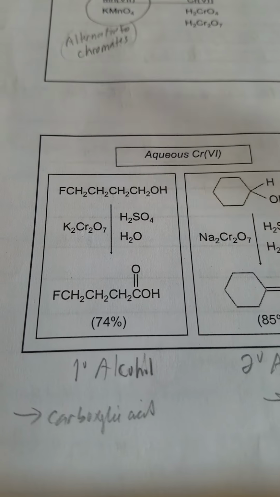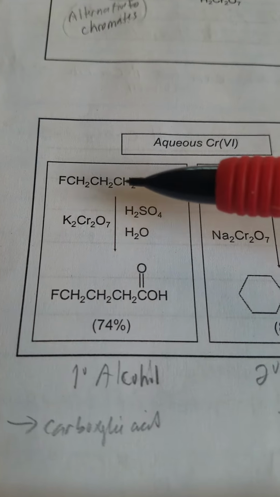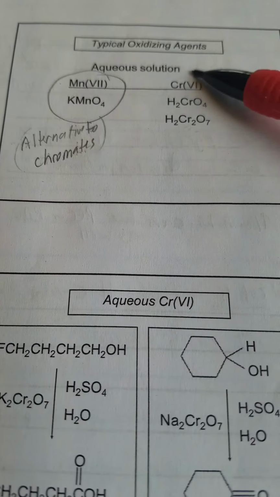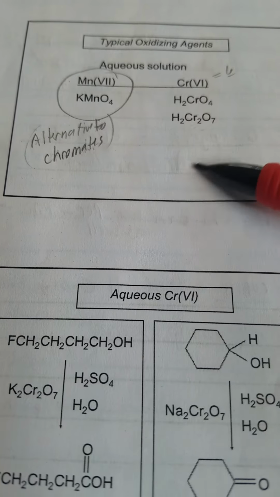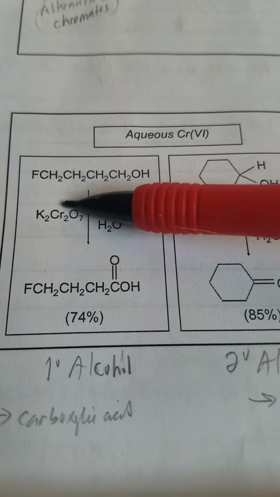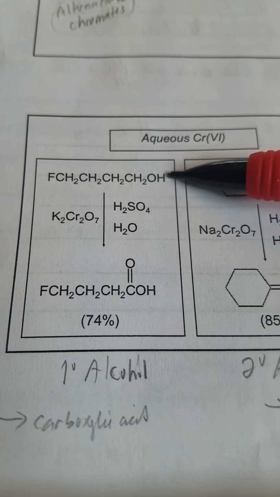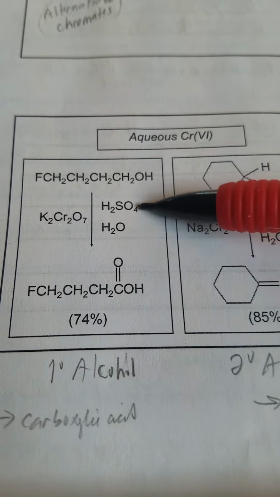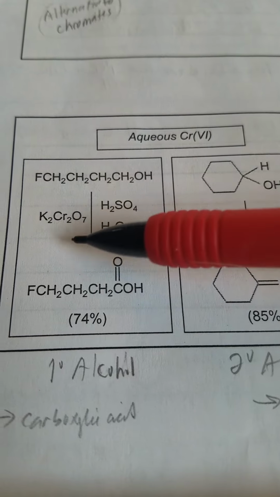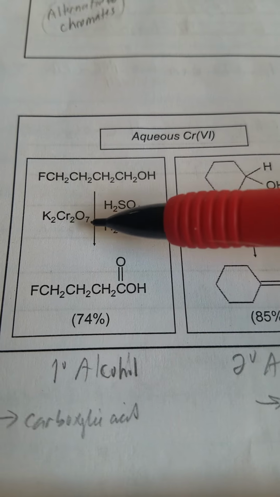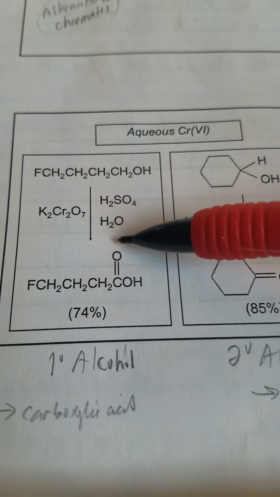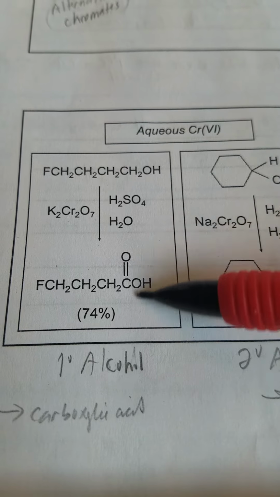So just as a review, if we use one of these oxidizing agents that are considered to be strong, and we react a primary alcohol with either our dichromate or our chromic acid, then you're going to form a carboxylic acid.